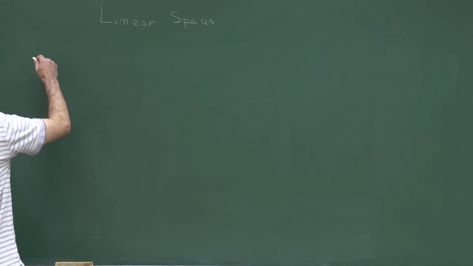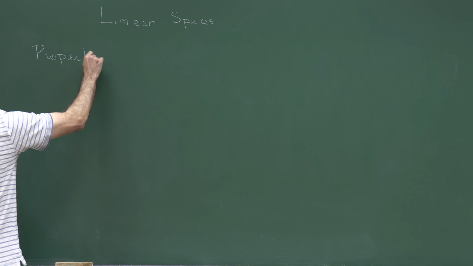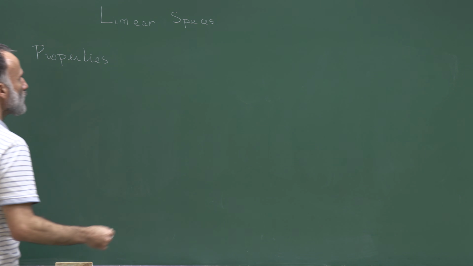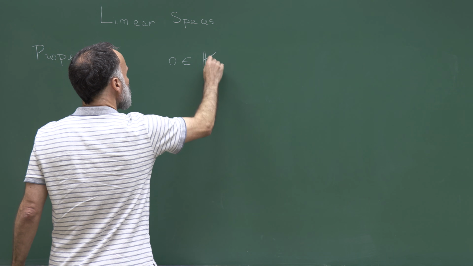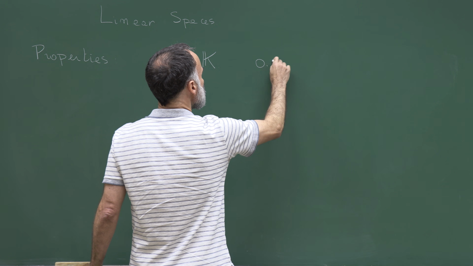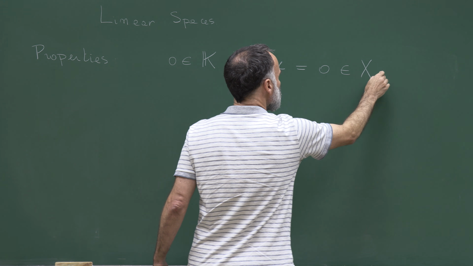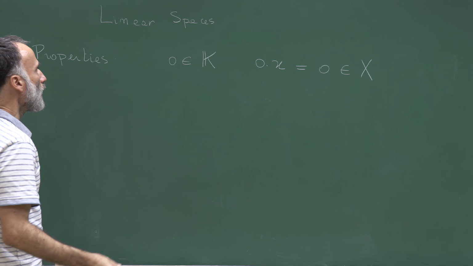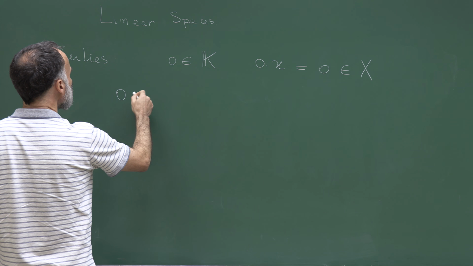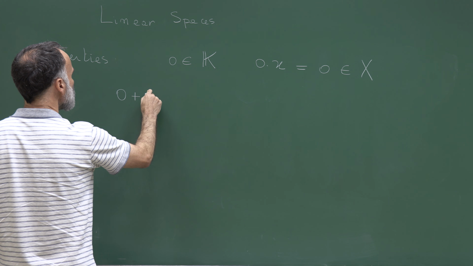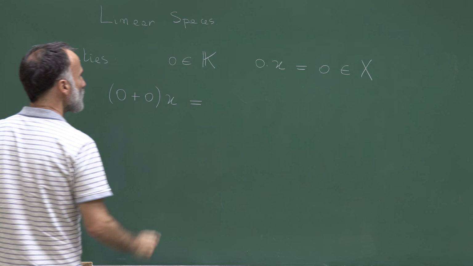Okay, so two very simple properties before we go on. First, I claim that if you take the element 0 in your field K and you multiply 0 by x, you get the element 0 in your set X. And why is this so? Well, because if you take 0, of course, I can write it as 0 plus 0, and I consider that times x.